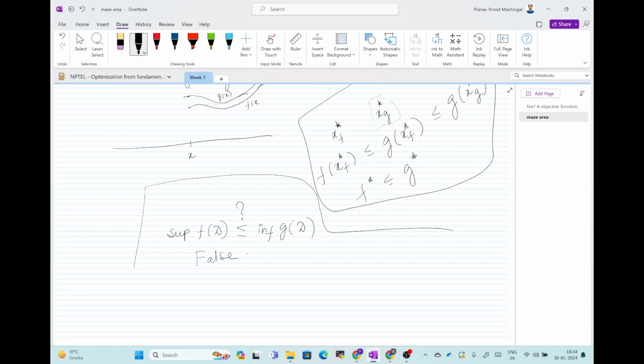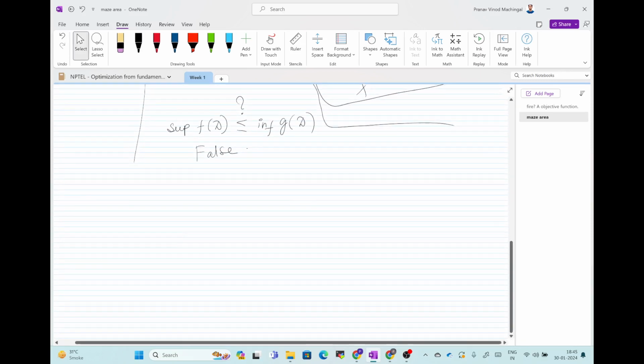When can it be true? Can you impose some relation between f of x and g of x?